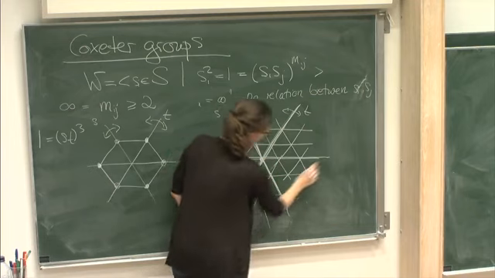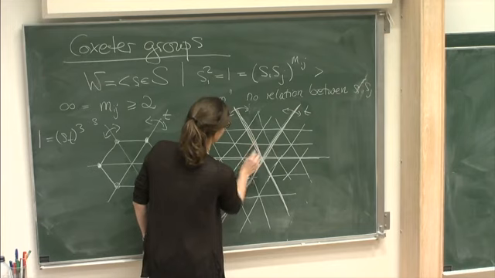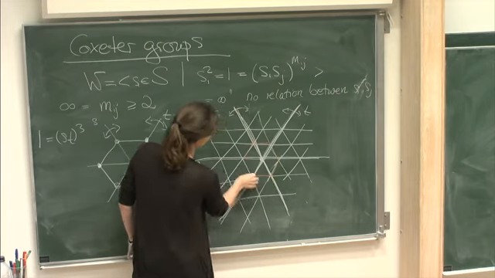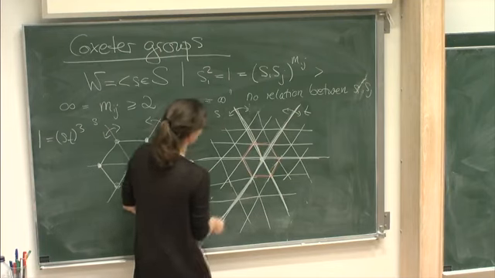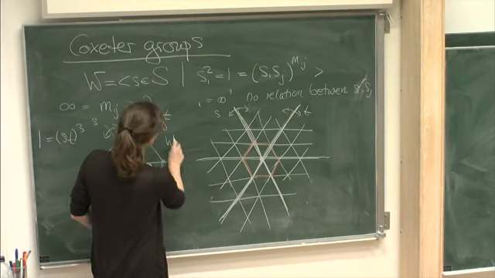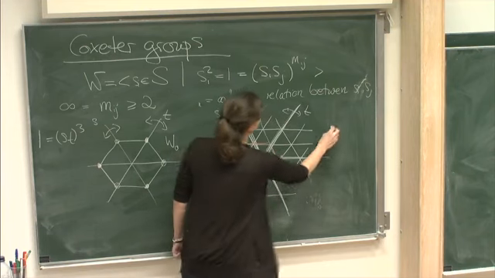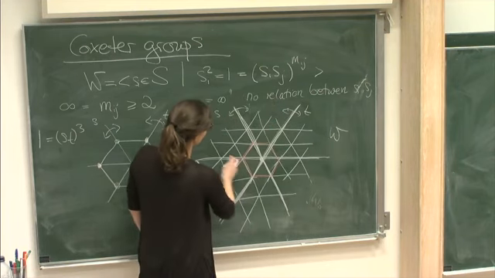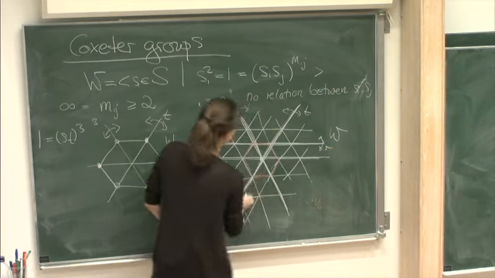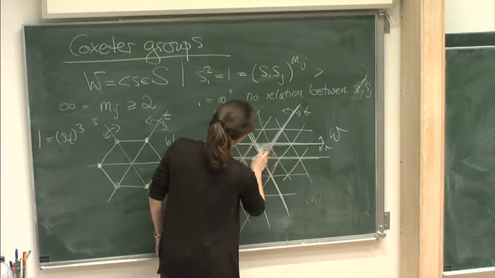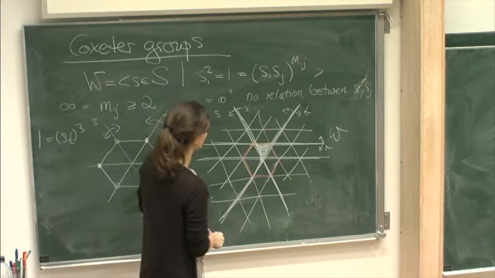Then what you see is you have, again, your little sphere around the origin, on which this group, say W0, acts. But you can also make this group bigger by adding a third generator R on the third side of this triangle, which is the fundamental domain of your action.